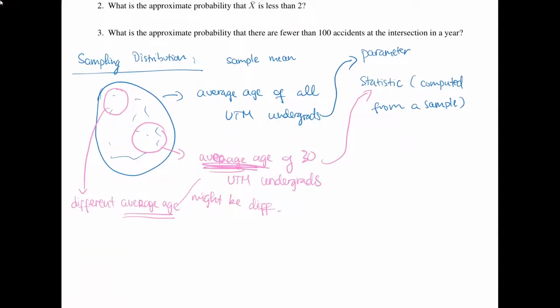And let's say you repeat this experiment many times, and each time you calculate the average age of a group of 30 UTM undergrads.